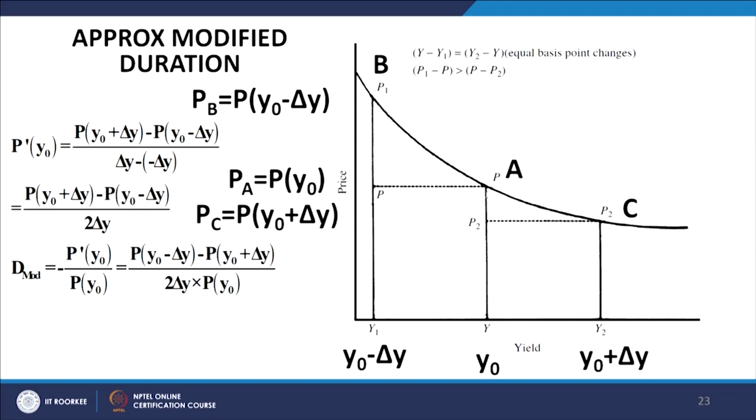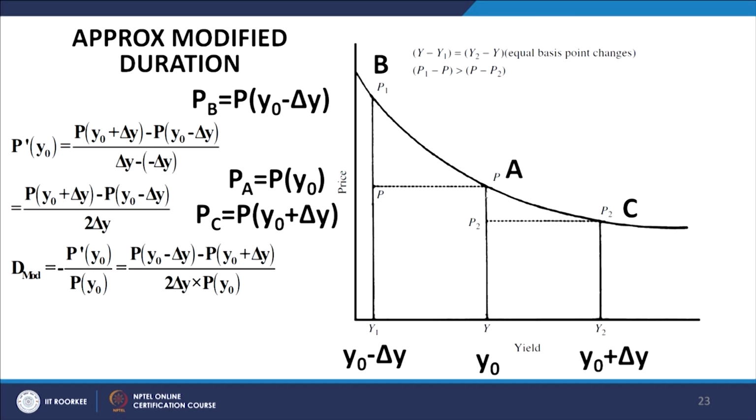Now, if we try to work out the approximate slope of the curve BC by approximating it with a straight line, the slope of this straight line is P C minus P B divided by 2 delta y, because the distance between the abscissa at the point B and the point C is 2 delta y.